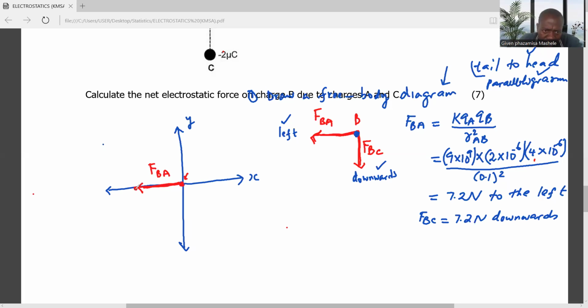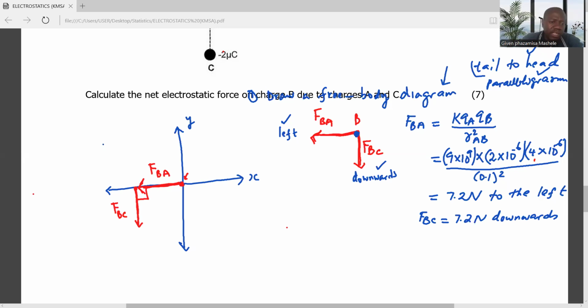Then here I have to put another tail, then a head. Then we're going to have this. So now this is the force on B due to C, which is downwards. Remember, it's tail to head. So it means we're going to have an angle of 90 degrees.